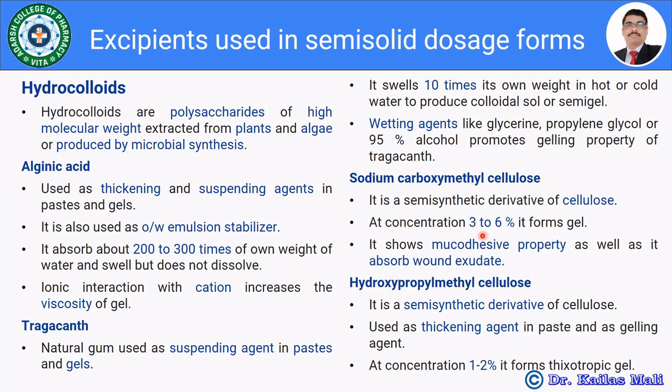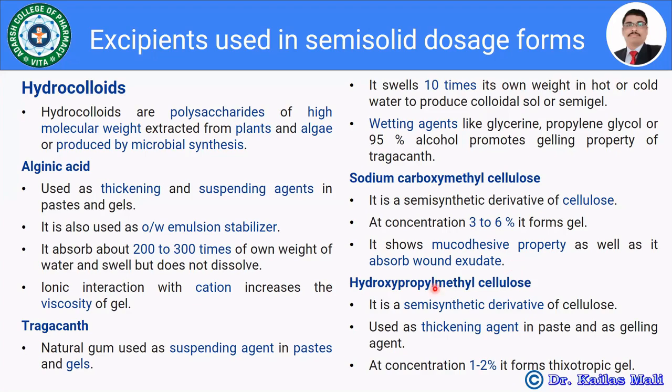At a concentration of 3 to 6%, it is going to form a gel, and it shows a mucoadhesive property, as well as it is going to absorb wound exudate. Whatever the wound secretions or skin secretions are there, they are going to be absorbed by the sodium carboxymethyl cellulose, and it also has a mucoadhesive property.